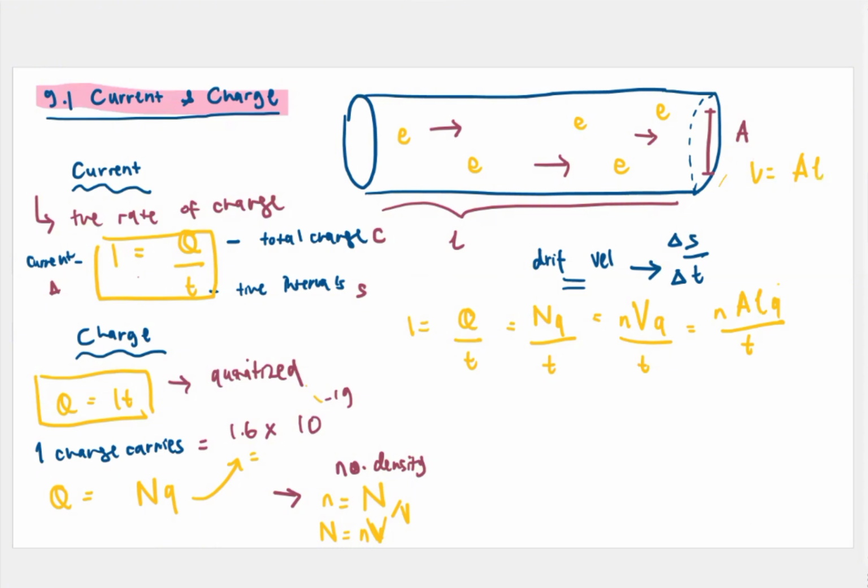Length per time is equal to velocity. So I, or current, is equal to number density times its area times its drift velocity times its Q. So that is the equation, ladies and gentlemen. After a long derivation process, we finally got it. And we can find drift velocity with this equation.